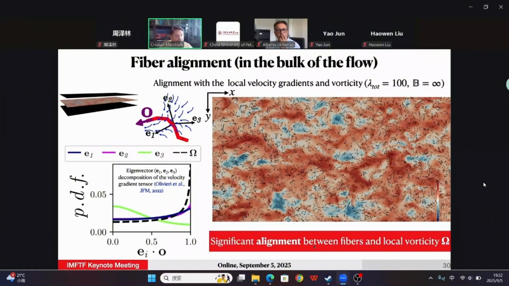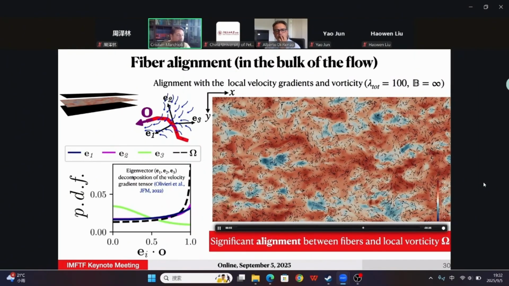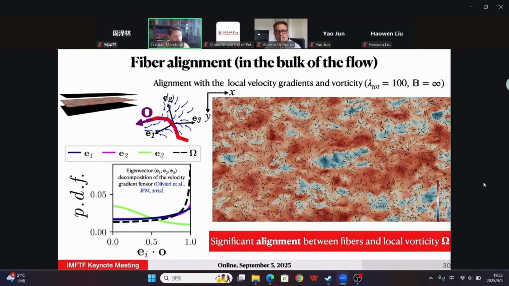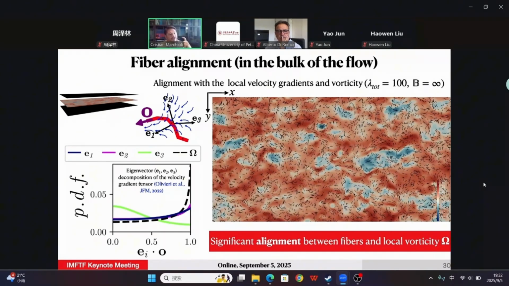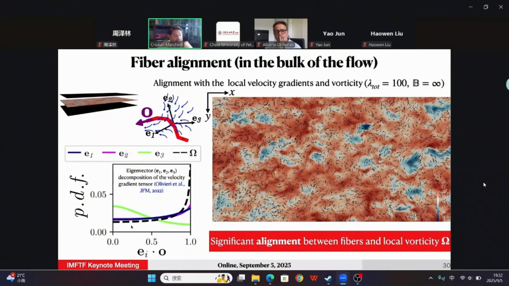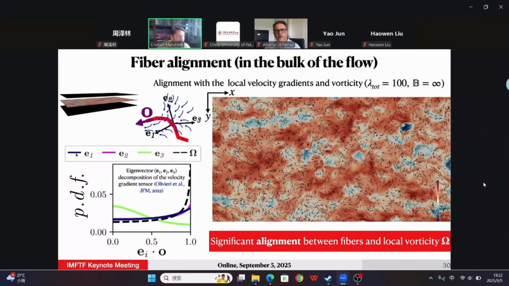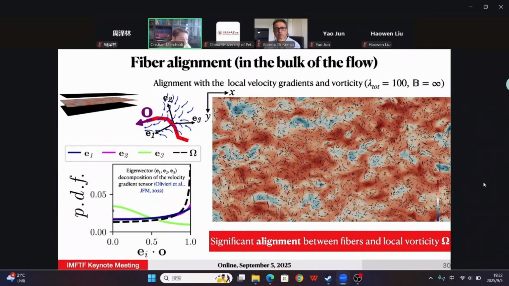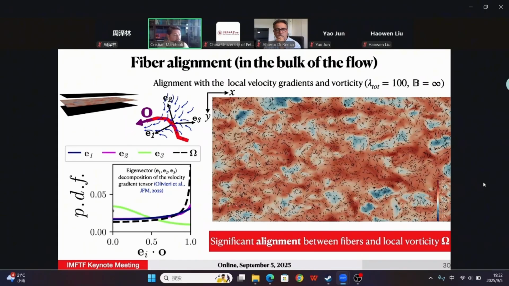Now, in order to go further and try to compare with experiments, we have also computed the same scalar product now with the eigenvectors E1, E2, E3 of the velocity gradient tensor. So these eigenvectors are connected to the different stretching and compressing regions of the flow. And what we see here is that there is some weak alignment with the second and the first eigenvector, which are related to the stretching regions of the flow, and anti-alignment with the third eigenvector, which represents the compressing regions of the flow.